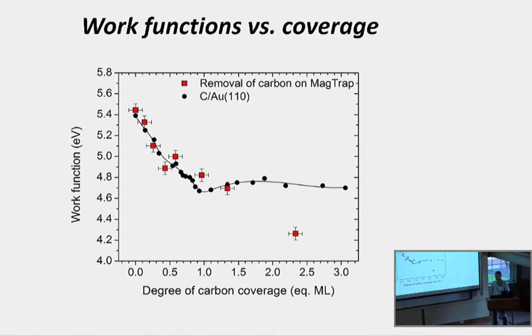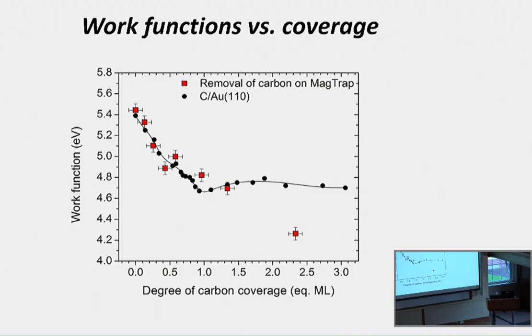And we can look at the work functions on the surface with the Kelvin probe force microscope, and do an experiment where we deposit carbon on a gold crystal. That's our model system. And so those black points were just measured randomly. Like, it wasn't me removing it. I could deposit it on one day, I could deposit this point, and the next day I could deposit this point.